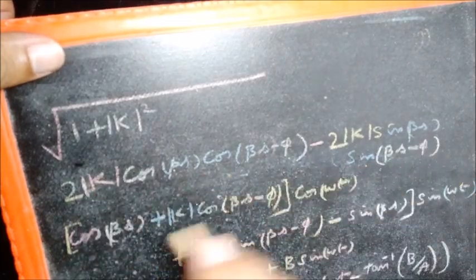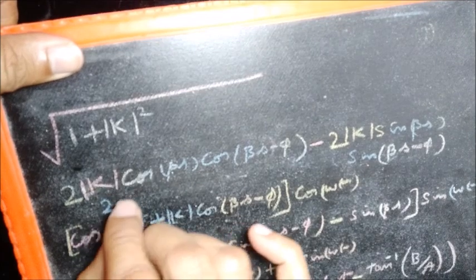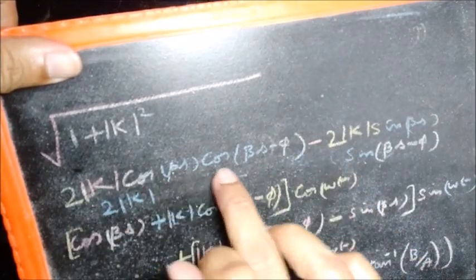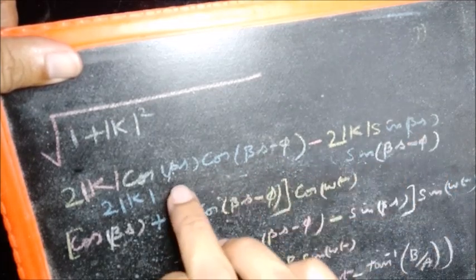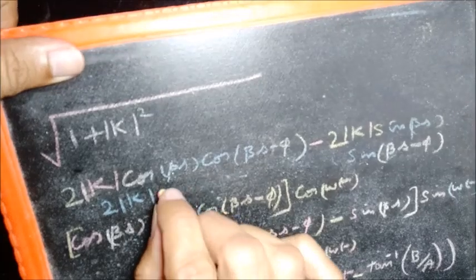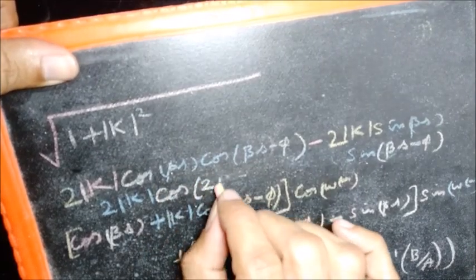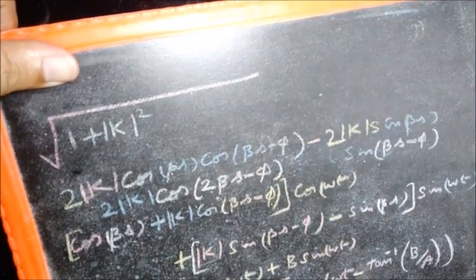And this again, if you see, it is nothing but, so I'll write here itself, 2k if you take out, you see cos beta s cos(beta s minus phi) minus sin beta s sin(beta s minus phi), that is cos a cos b minus sin a sin b, which is cos(2 beta s minus phi). So it is just cos(a plus b).